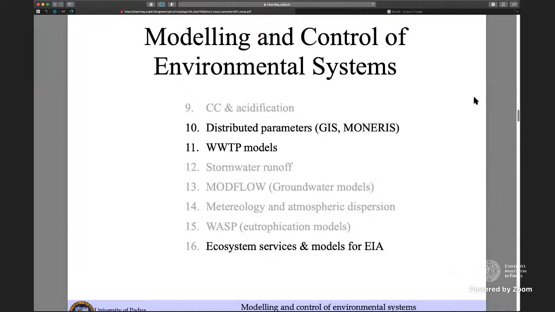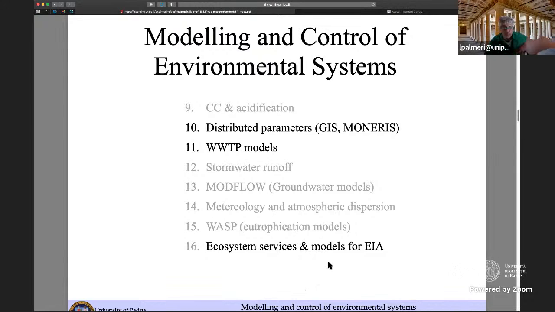GIS are software that describe the different characteristics of the different aspects of the environment by spreading this description onto a geographic map or geographic description of a system.